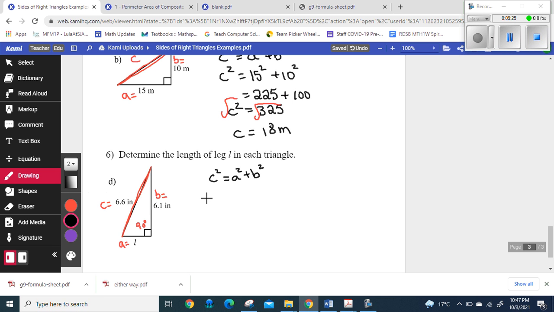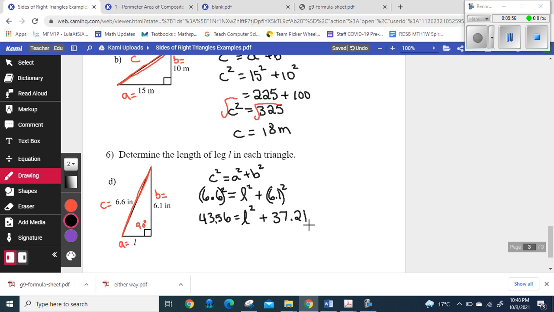In this case we know a number for C, so that's 6.6 squared equals, we'll use the little L for our A, plus B is our 6.1. So that 6.1 is squared, and that 6.6 is squared. So 6.6 squared is equal to 43.56. We're looking for that L squared, and 6.1 squared is 37.21.